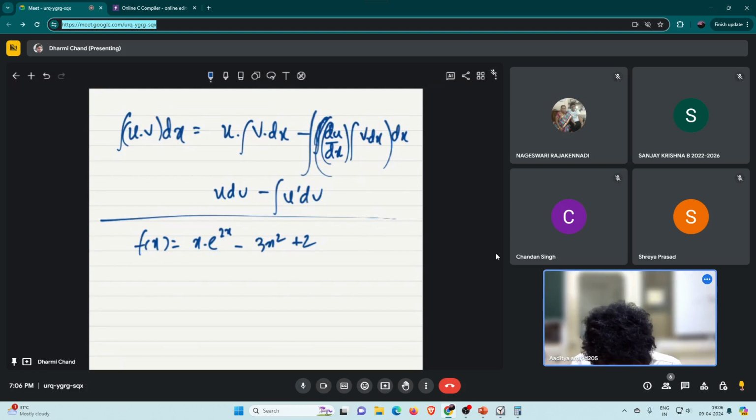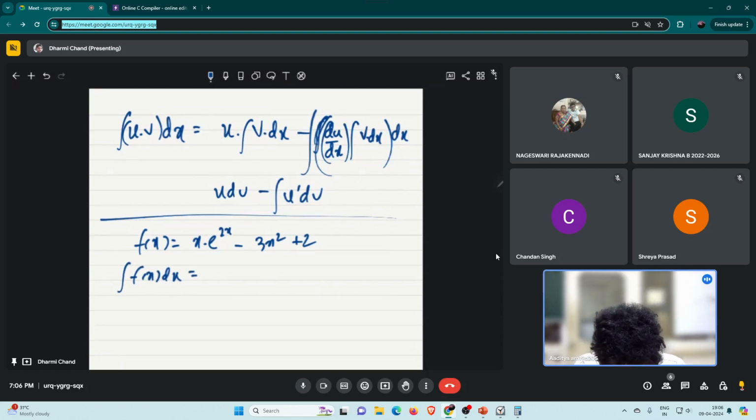Okay, so integral of f(x) dx, I'll add the limits later. So first I'll take this term. The integral of e power 2x is e power 2x by 2, so I'll have x into e power 2x by 2 minus integration of du by dx, which is 1, so again e power 2x by 2 dx, minus 3x square.